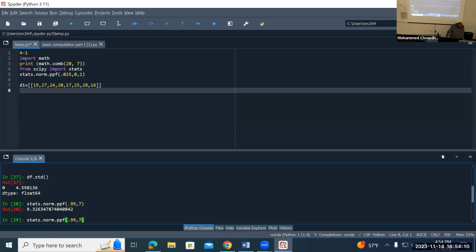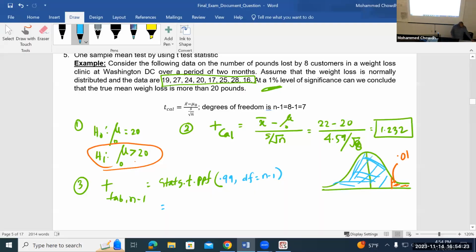Not norm, it should be t. We got 2.99. What will be the decision?